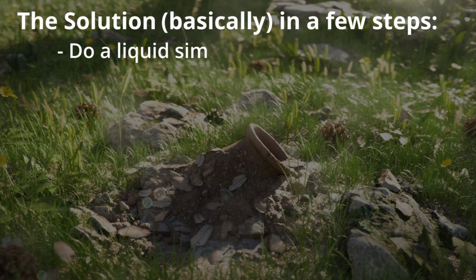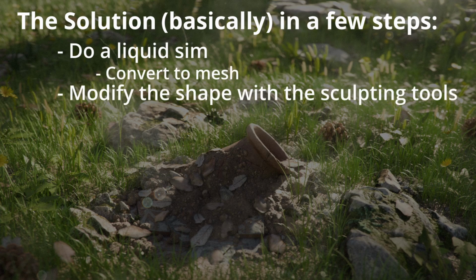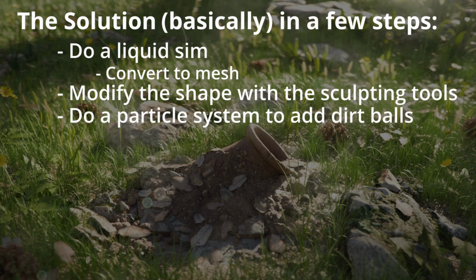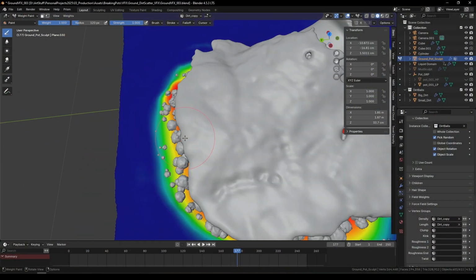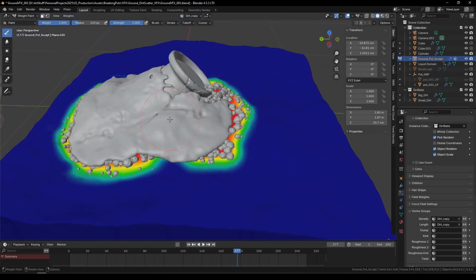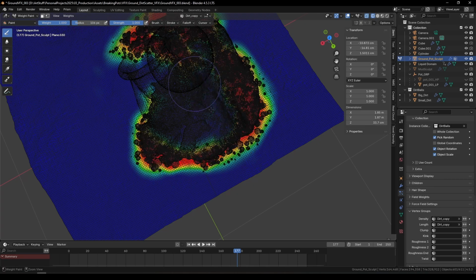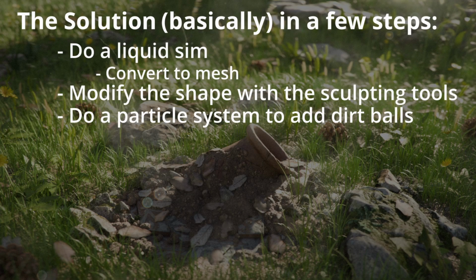and then simulate mud basically covering my pot, and then once that's done I just apply it. So I have a mesh, and then I go in with the sculpting tools to sculpt the shape and add more details if necessary. After that's all done, I do a particle system, and I added these smaller pieces of dirt, like balls of dirt, around the edges of the sim to break up the shape or add details.